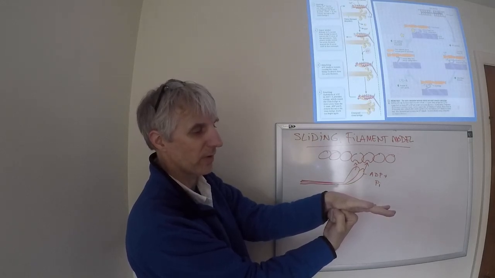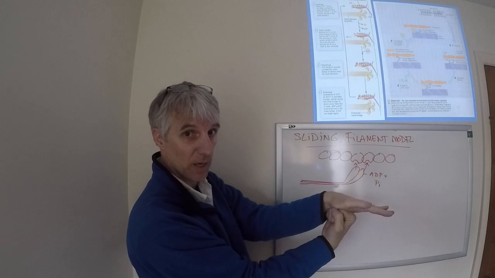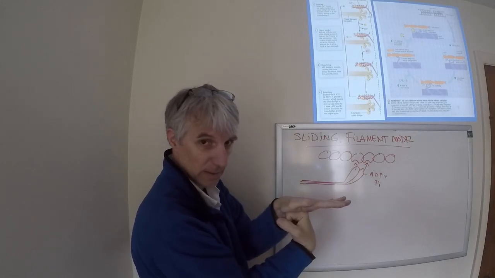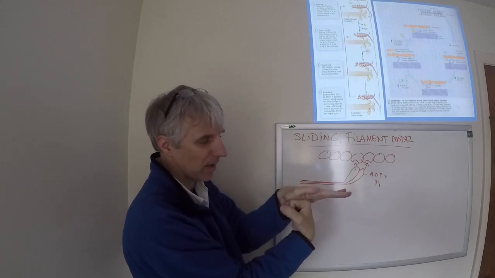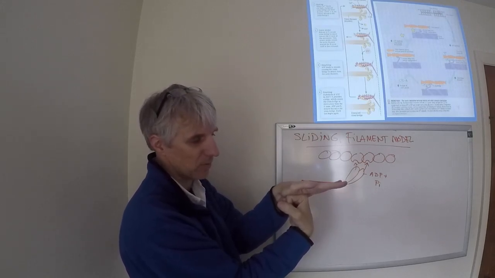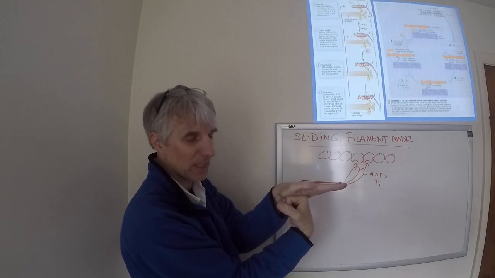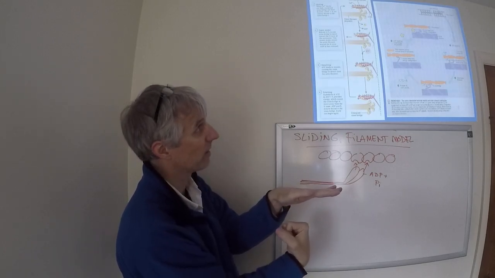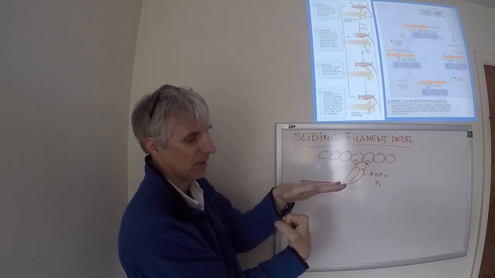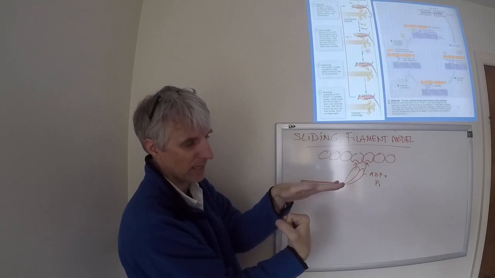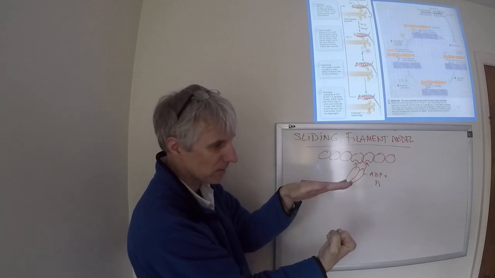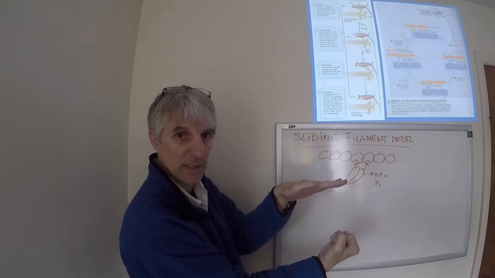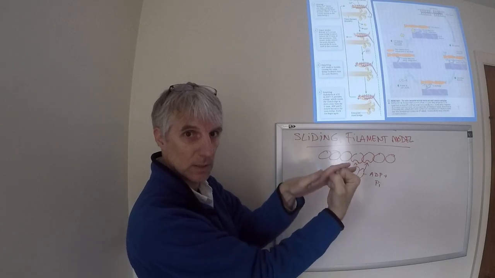We now move to the lower energy conformation of the myosin head. That pulls the actin, but it's stuck there. To get it off, you bind the myosin head with ATP, pull it off. That's the detaching step. And then we hydrolyze the ATP and transfer the energy to the myosin head to reset it into that high energy position.